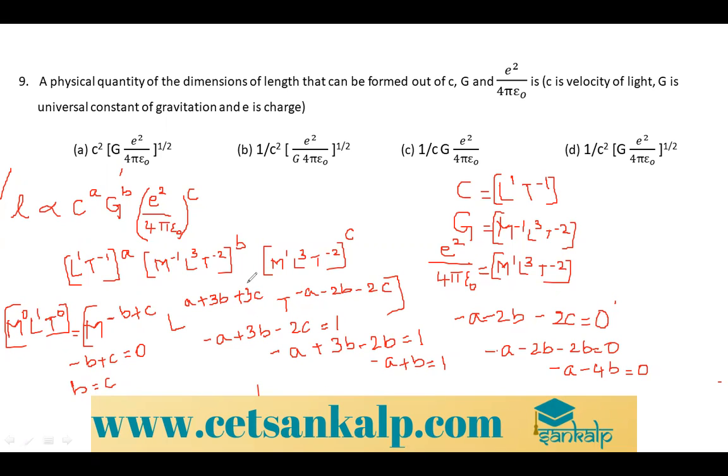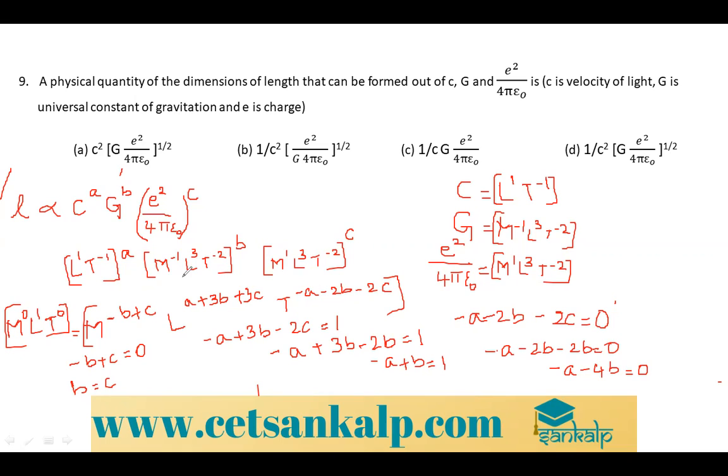Now is it clear? Let me say once more. L to the power 1, I have done everything. Take the first M term. M is equal to, first term there is nothing, so 0. So b into minus 1 is minus b plus c into 1 is plus c. So L to the power a into 1 is a, b into 3 is 3b, c into 3 is 3c.